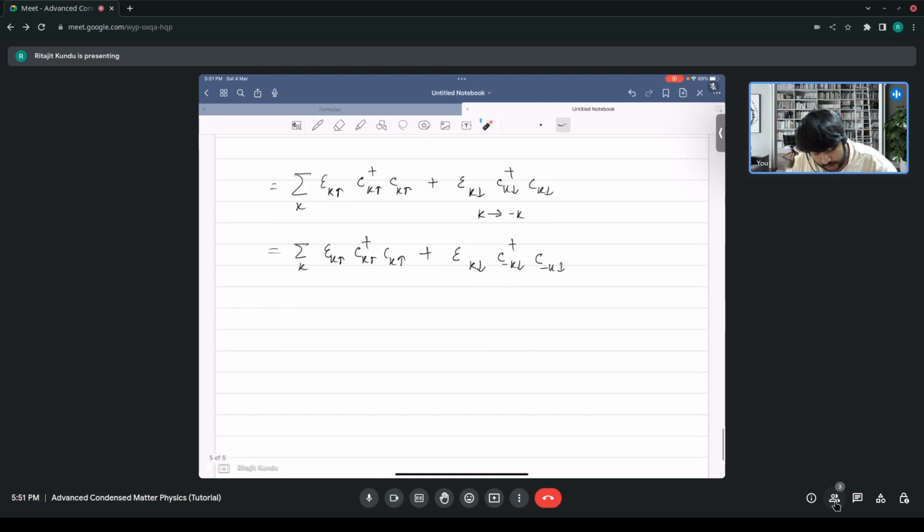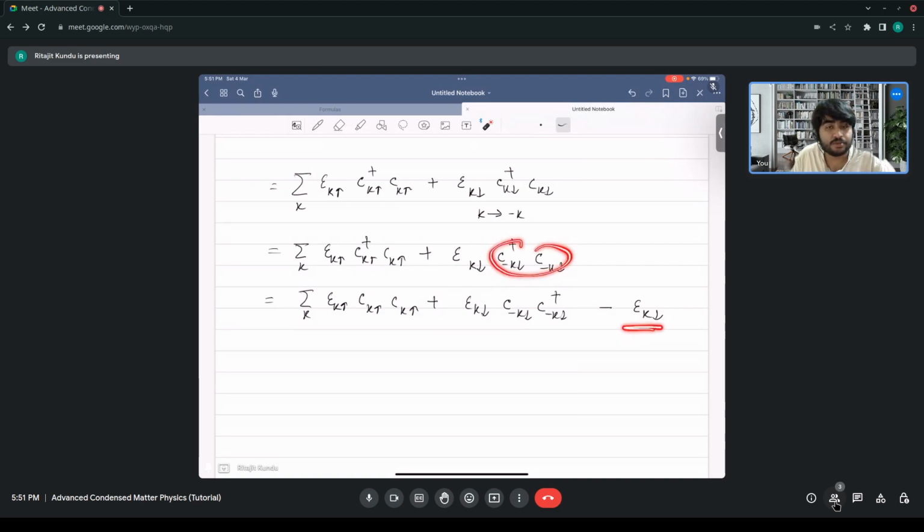I'll also interchange these operators, for reasons which will be clear in a moment. Plus epsilon k down, c minus k down, c minus k down dagger, and there is a minus epsilon k down, because of the anti-commutation.